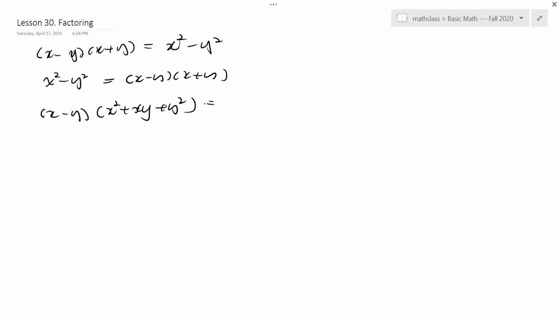Anyone got an answer? x minus y times x squared plus x times y plus y squared. How many terms are left after you simplify?